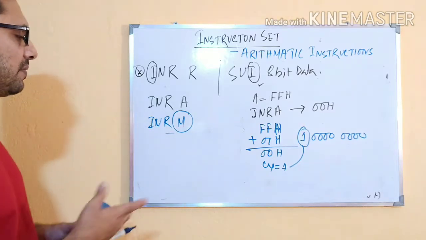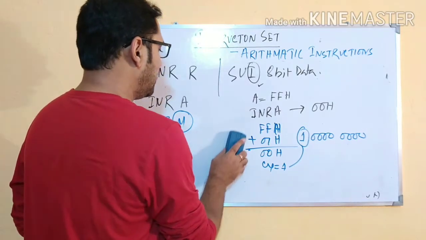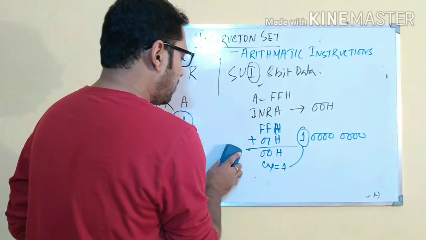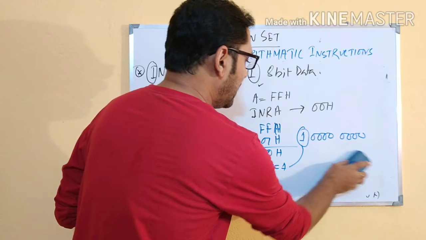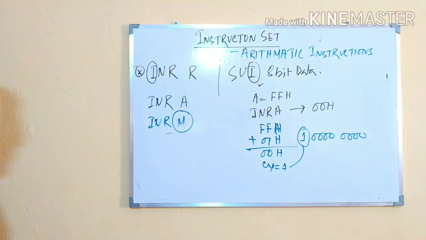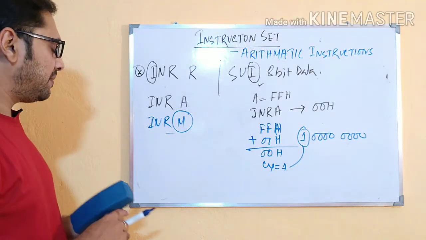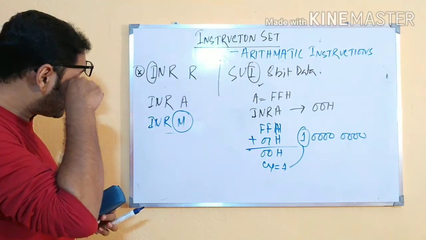For several times I have said that whenever M is available as an operand, then corresponding memory location will be given by HL register pair only. Then the next one is increment register pair.